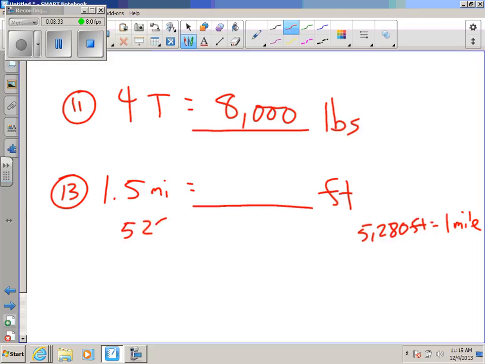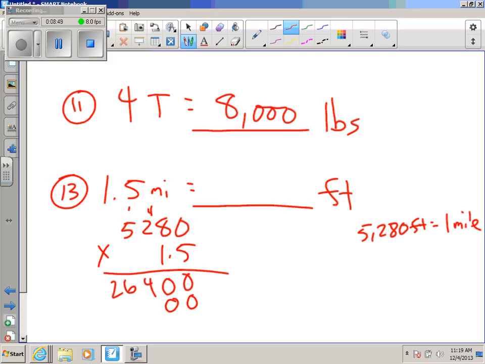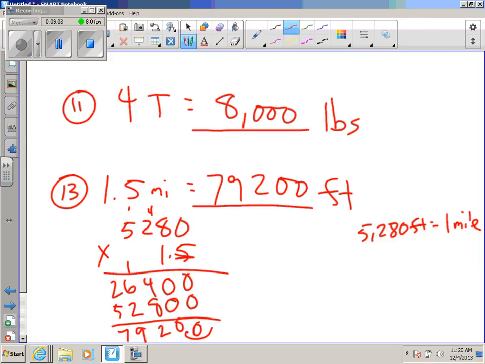So 5,280 times 1.5. 0, 40, 14, 26. Drop the 0. Another 0. 8, 2, 0, 0, 12. 7 plus 2 is 9. But I get a decimal. 7,920.